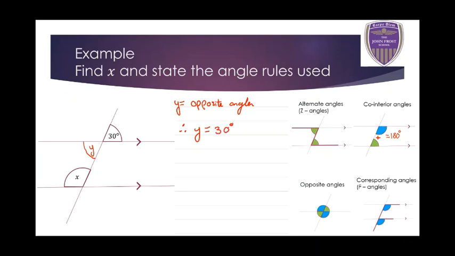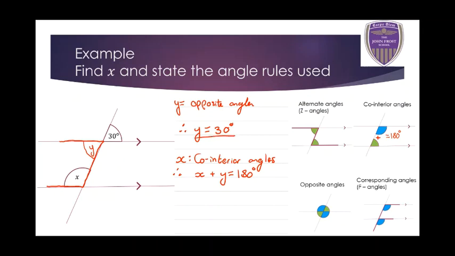Now in order to find angle x, because we know angle y, we now have two co-interior angles, because they're vertically opposite each other. So for angle x we're going to use co-interior angles. That means x plus y is equal to 180 degrees.